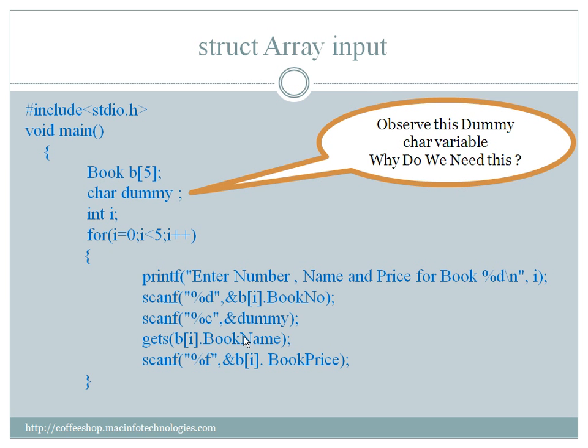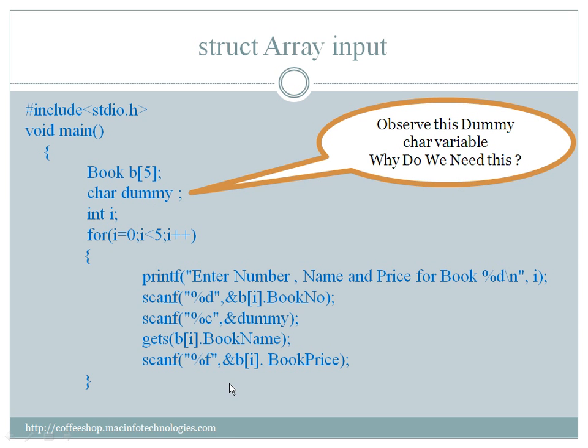If we don't scan the dummy variable, once we enter the book number and press enter, the enter goes to the book name, and then we cannot enter the value for the book name, and it directly goes to the scanf for book price. So we have to use a dummy variable. We'll see later how we can get rid of this dummy variable in a different way.